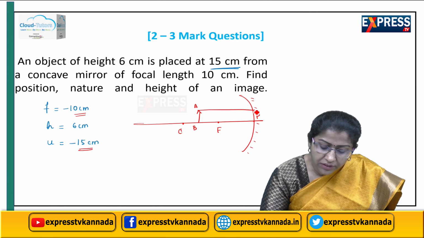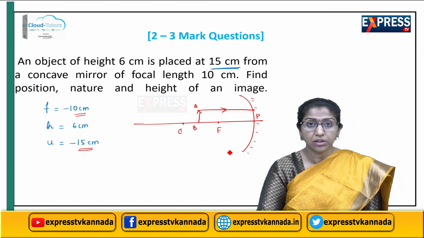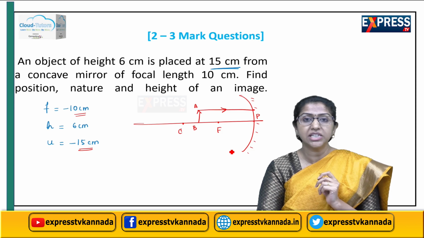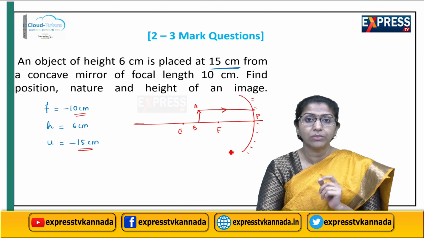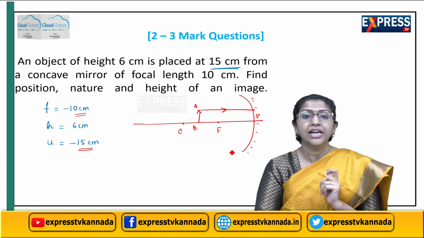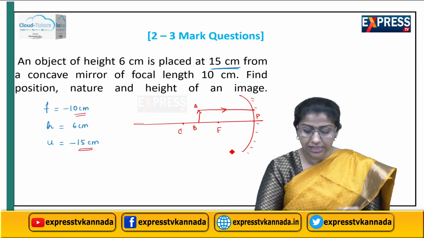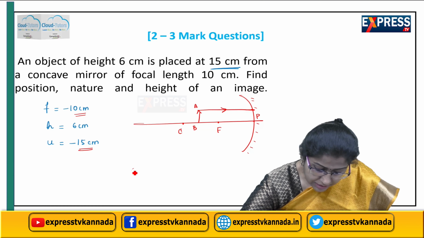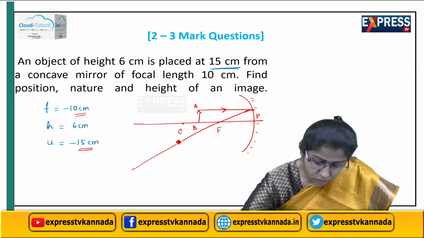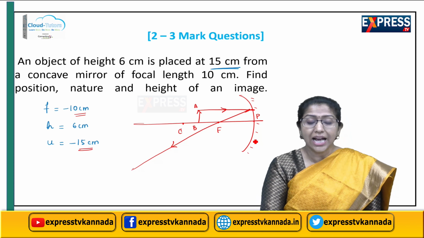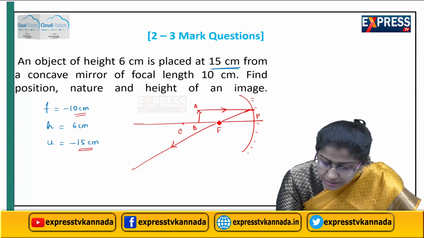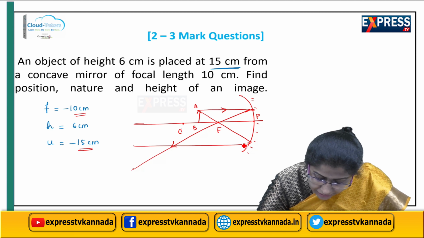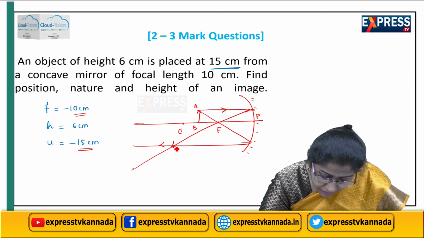Let's take one ray for convenience which is parallel to the principal axis, and we now know that when the object is placed between F and C, the image is always formed beyond C. One ray that is parallel to the principal axis always passes through the principal focus after reflection, and another ray which passes through the principal focus is always parallel to the principal axis after reflection.